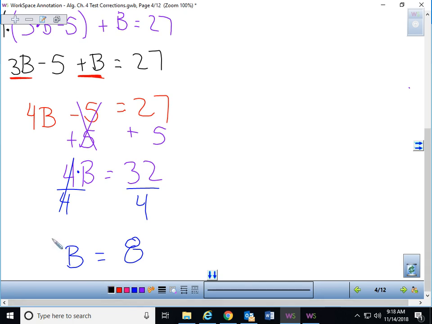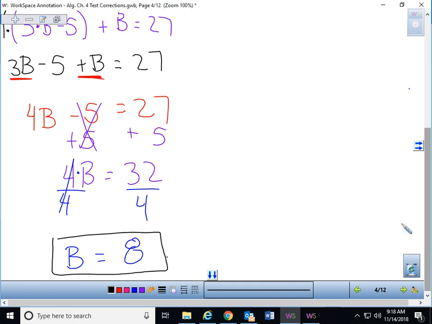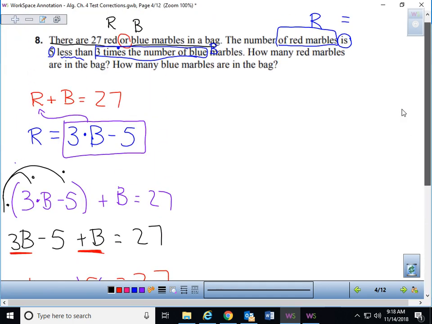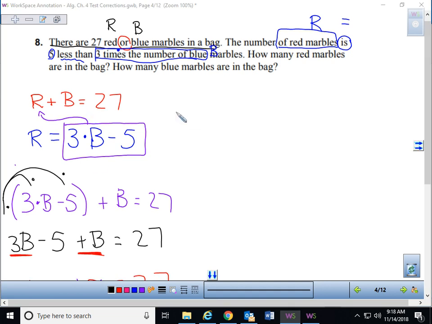I am not done until I figure out red. So just like we were doing on the last 3 problems, take this value of 8, go back to the beginning and plug it into the easier looking equation. Well, I already have my blue, so which equation gets me my red? Well, that's the bottom one. r is already by itself.